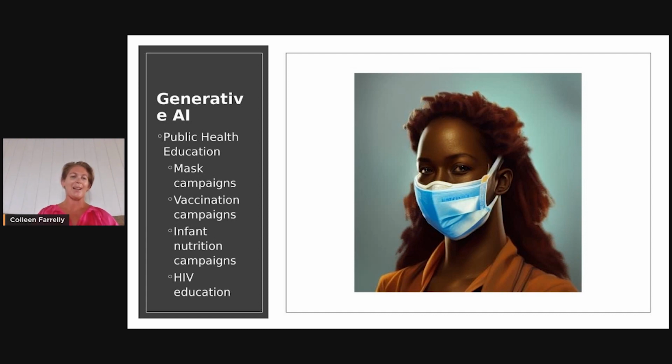It used to take a lot of time 20 years ago. But now with generative AI, we can tell our algorithm what we want, generate 10 images or 100 images, and then look through them for what's most likely to resonate with the population.